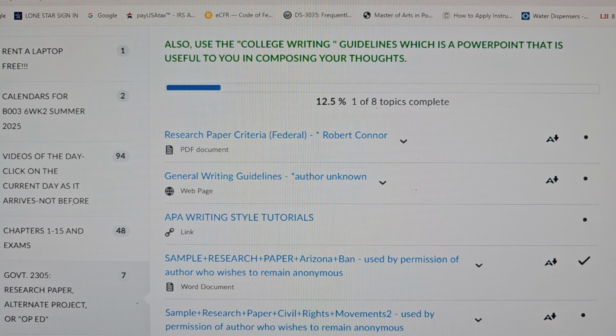Also, you can do what I call an op-ed. Op-ed stands for opinion editorial. That means you just sound off about something, like you have a favorite topic: abortion, climate change, immigration, minimum wage, cost of education, anything like that.